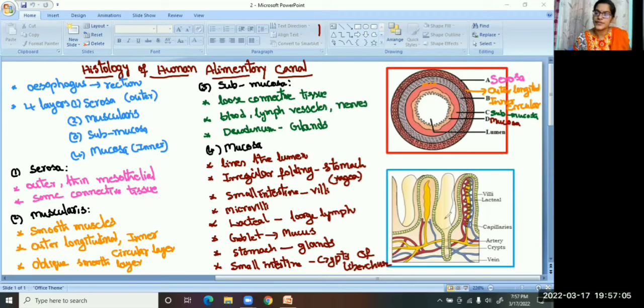These are present between two villi in the basal region, and they have some stem cells which will give rise to different types of cells.